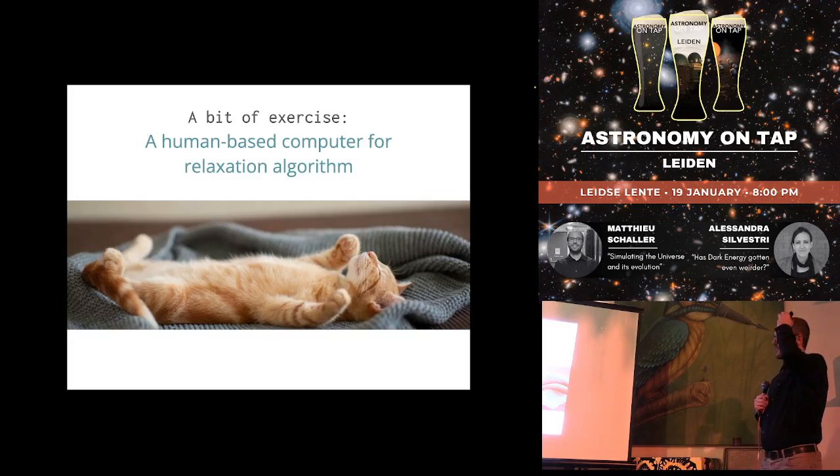So we're going to try to process what we call a relaxation algorithm. I need 7 people to volunteer. Please. There's not going to be anything dangerous. Come on.